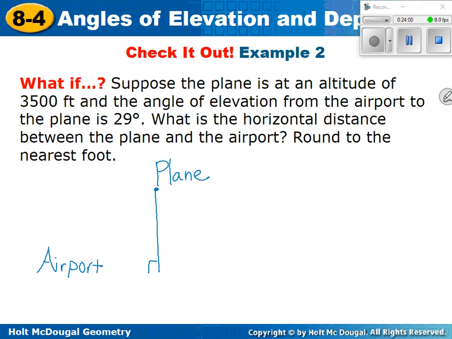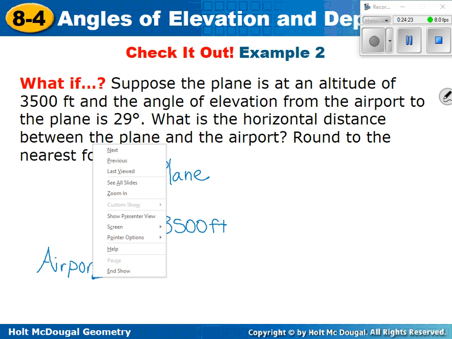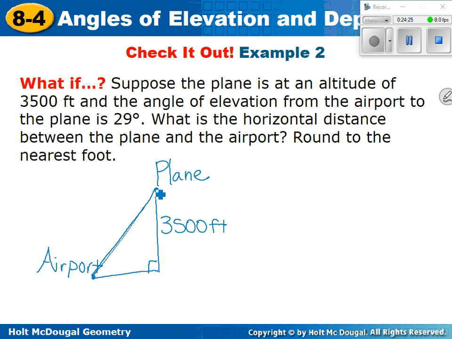Its height is 3,500 feet. Then it says the angle of elevation from the airport to the plane. Remember, angles of elevation go from where? From the horizontal. I'm going to keep saying that because that's where I see mistakes. So you have to draw in this horizontal line to your airport. The angle of elevation goes up from the horizontal, so this angle is now 29 degrees.